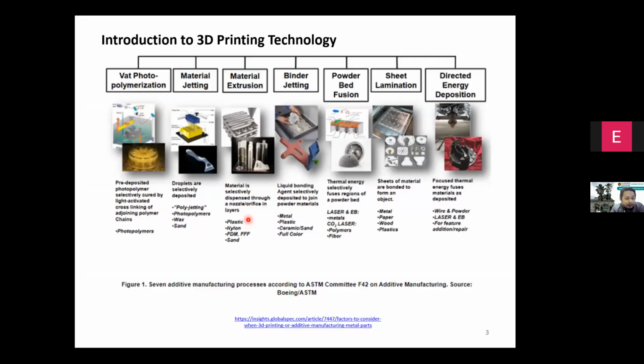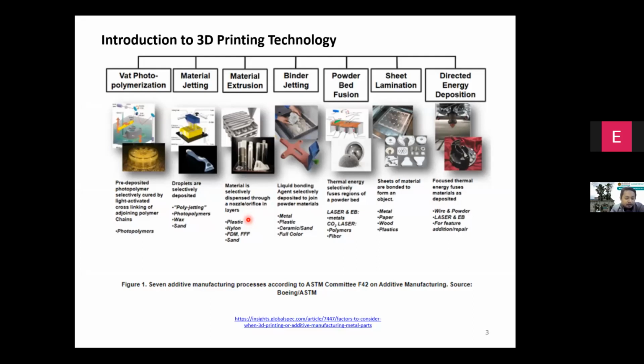Just briefly on 3D printing technology, I believe all the participants are already familiar with it. We know that 3D printing technology, or additive manufacturing, is sometimes called rapid prototyping technology. We can classify it into three major categories: powder base, liquid base, or solid base.